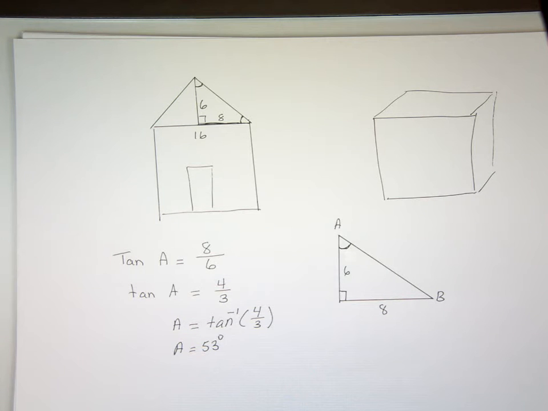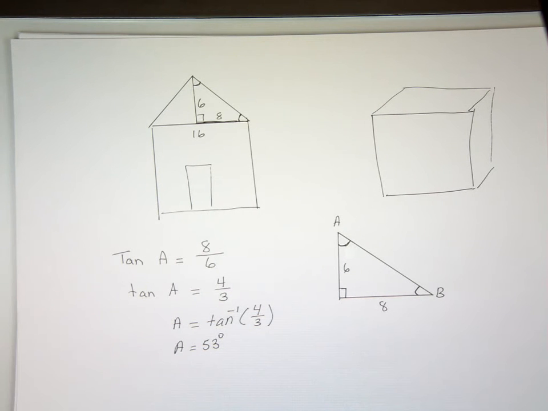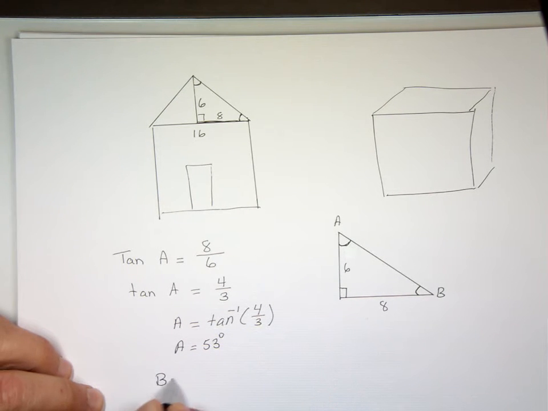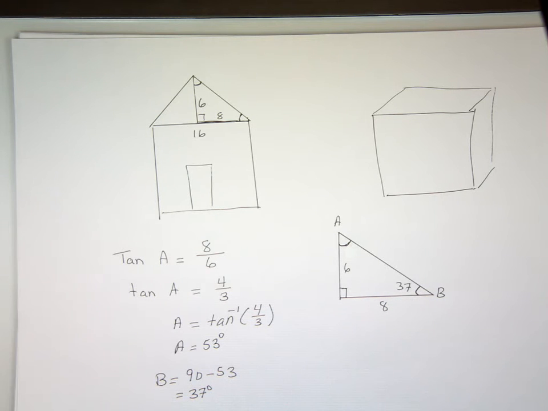If that's 53, what's this angle? That angle will have to be what? 37 degrees? And by the way, how long will that piece of wood have to be? If you want to measure the length of it.